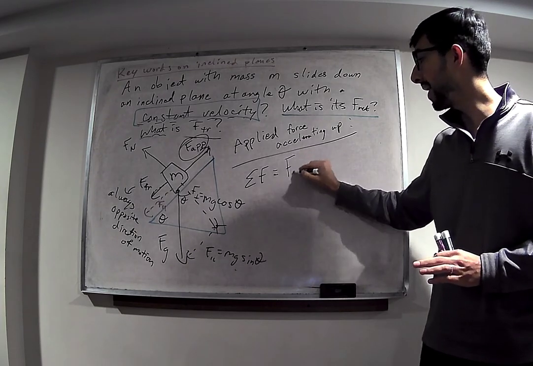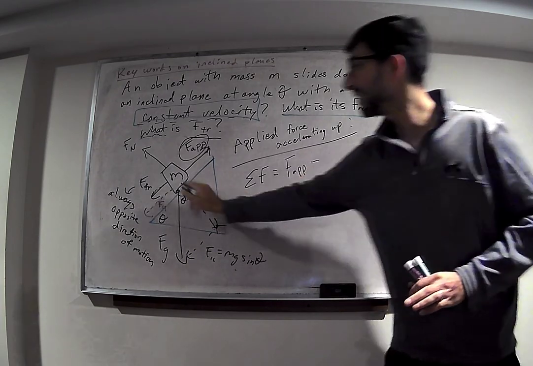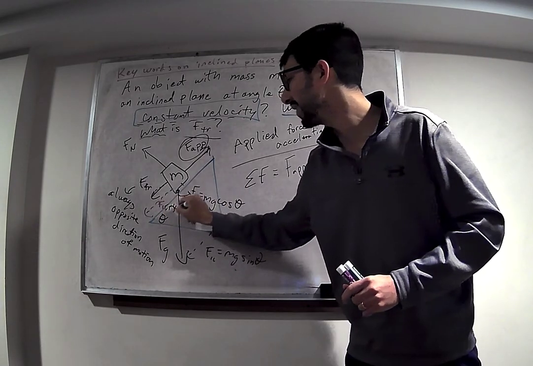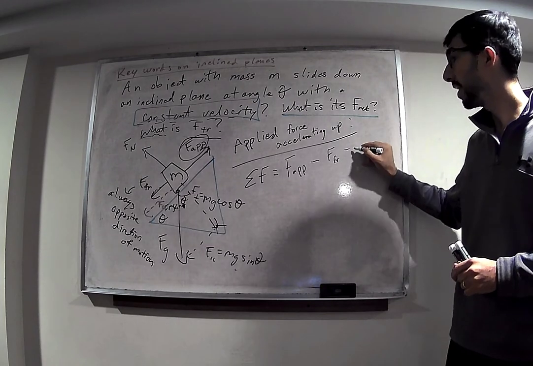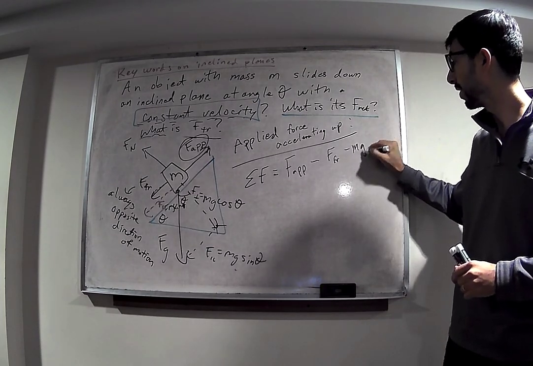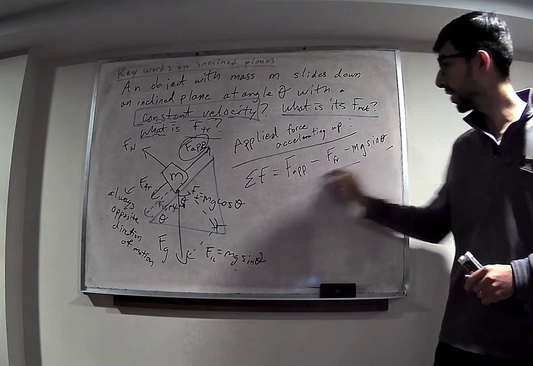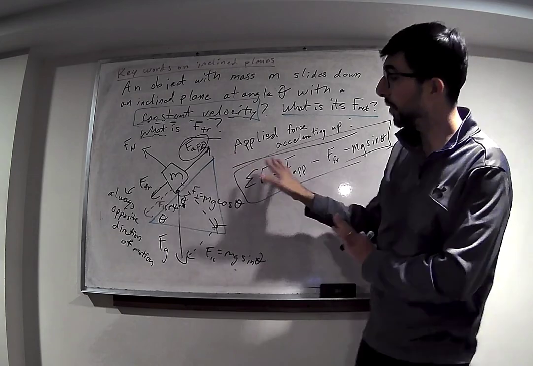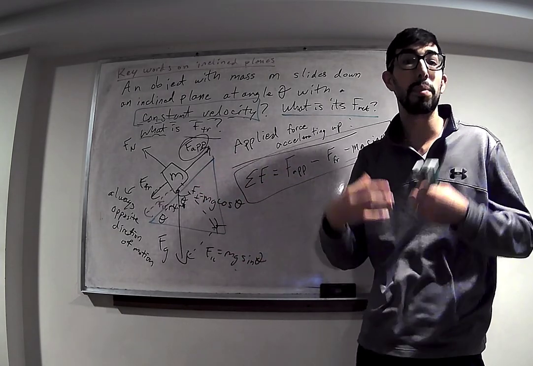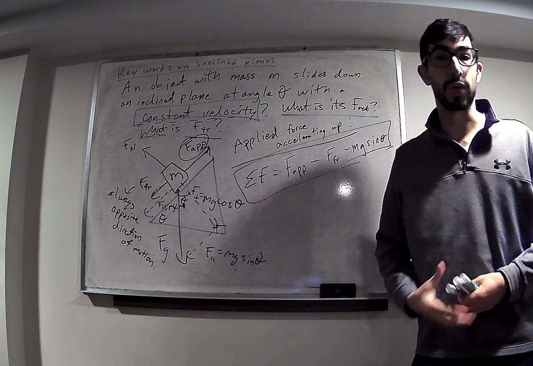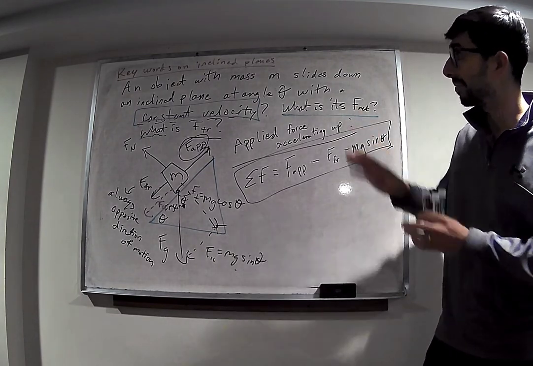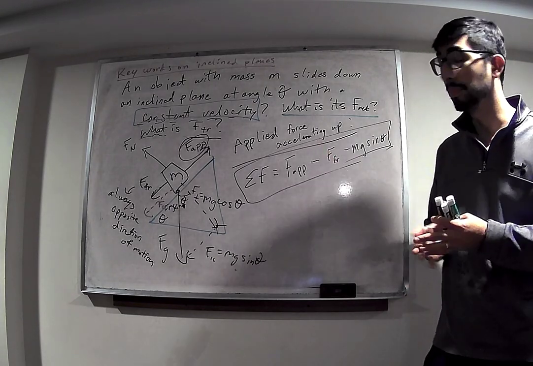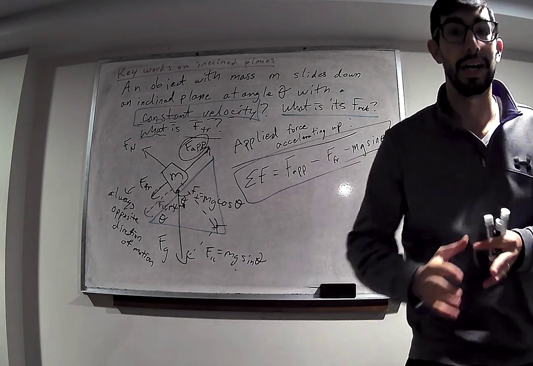You would say, well, you have a positive applied force up minus our force of friction down minus mg sine of theta, which is our parallel component of gravity. This is an equation that'll work in this case where an applied force is accelerating up. Notice that the direction of motion switches the direction of friction, because friction is always opposite the direction of motion. Those are some key words on inclined planes, such as frictionless, constant velocity, and applied force accelerating upwards, and we'll take it from there.